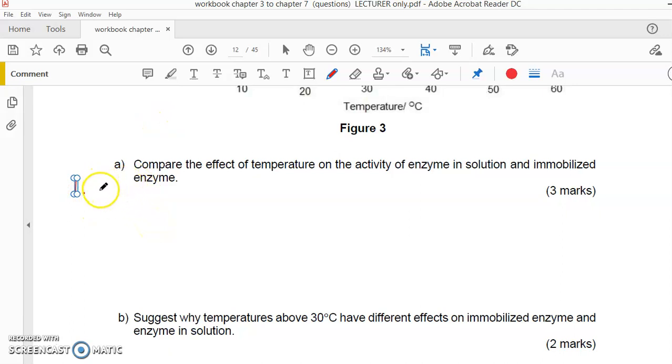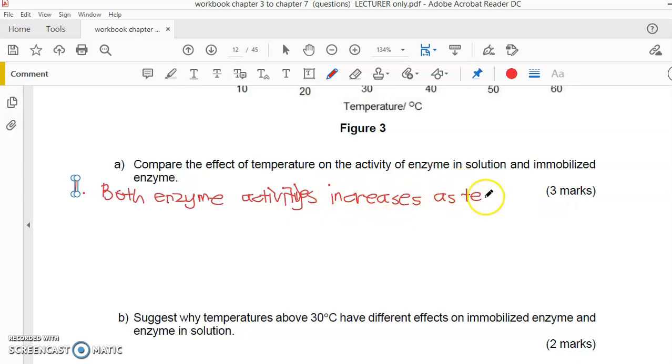So I can say that both activities increase as temperature increases.